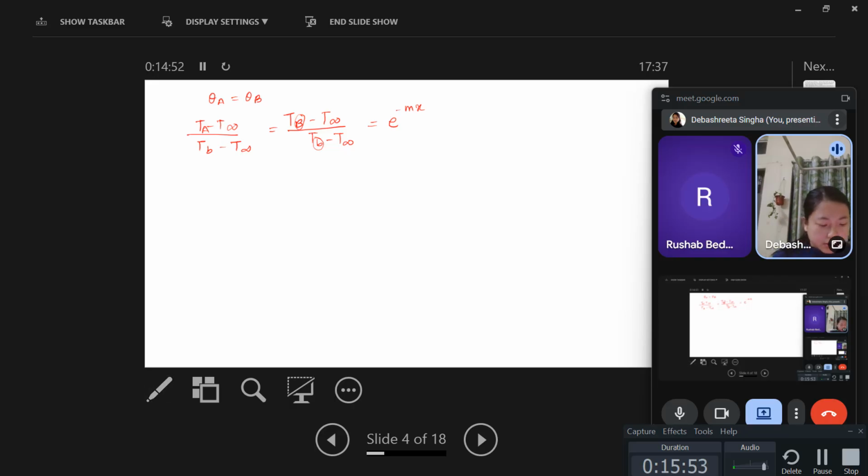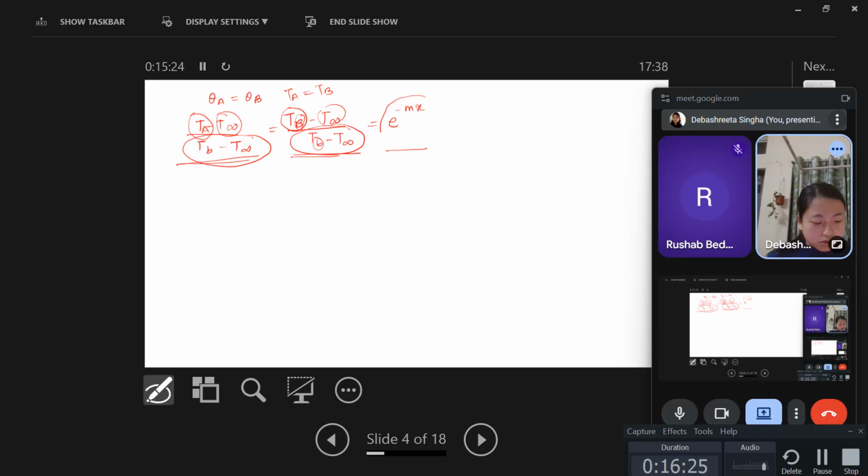In these two parts, this is constant because the bulk temperature is constant and also the surrounding temperature is constant, so the difference is also constant. They have also given that TA is equal to TB, so these are also the same. So the whole thing is constant here.